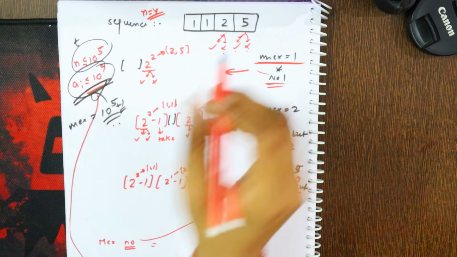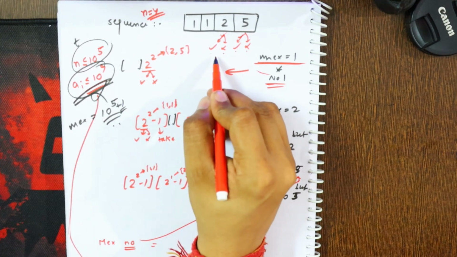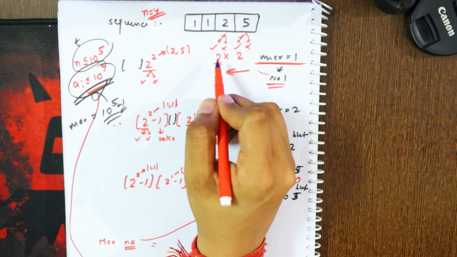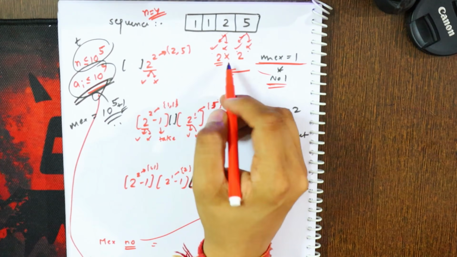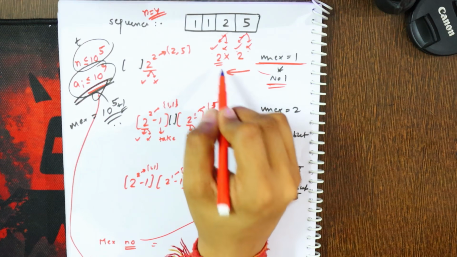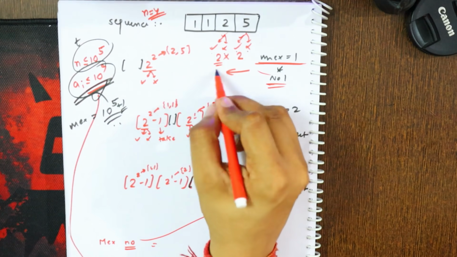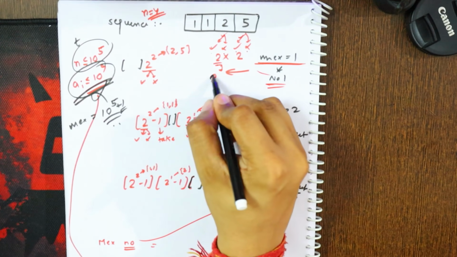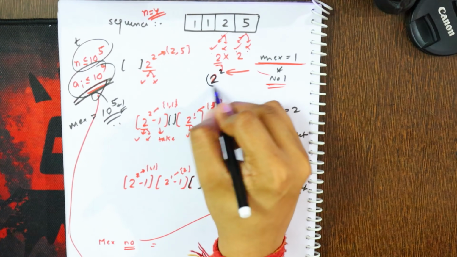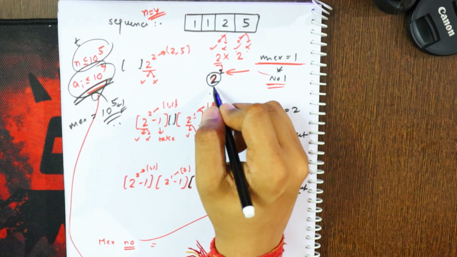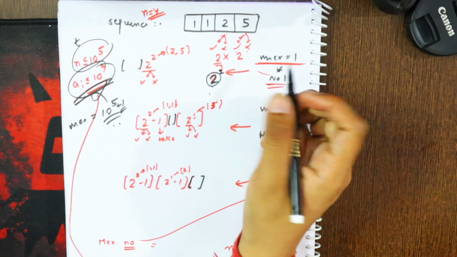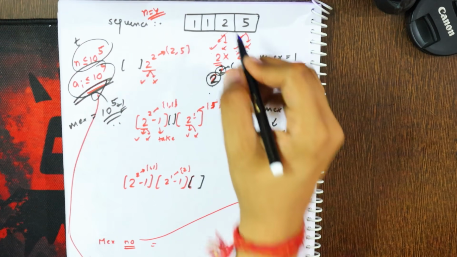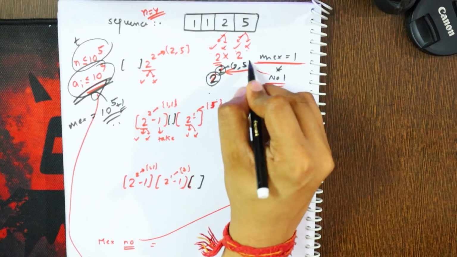So basically I am doing 2 into 2, which becomes 2 raised to the power 2. The 2 is for yes or no, either I have it or I do not, and the exponent 2 is for these 2 elements, which are 2 and 5.